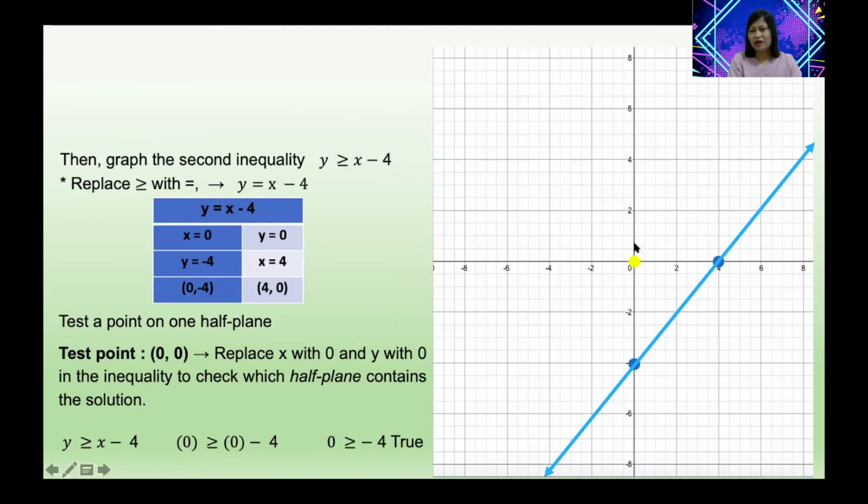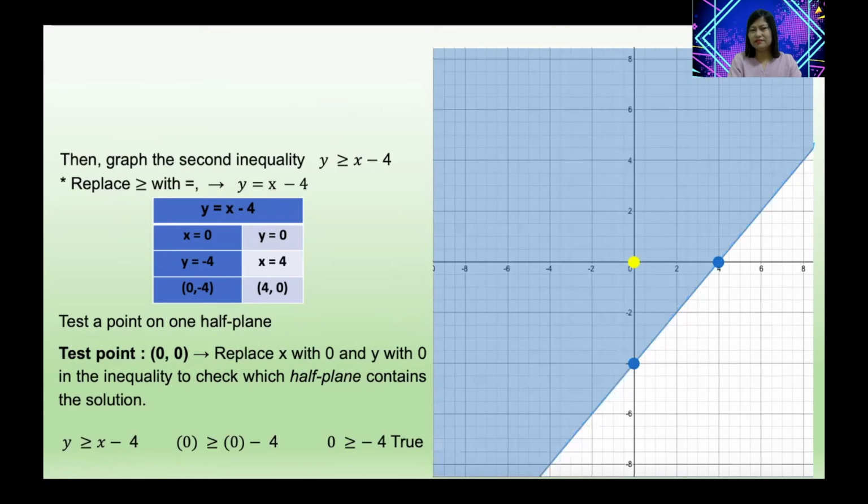Meaning, our test point is one of the solutions of the second inequality. So we will shade this region. This is now the graph of y is greater than or equal to x minus 4.